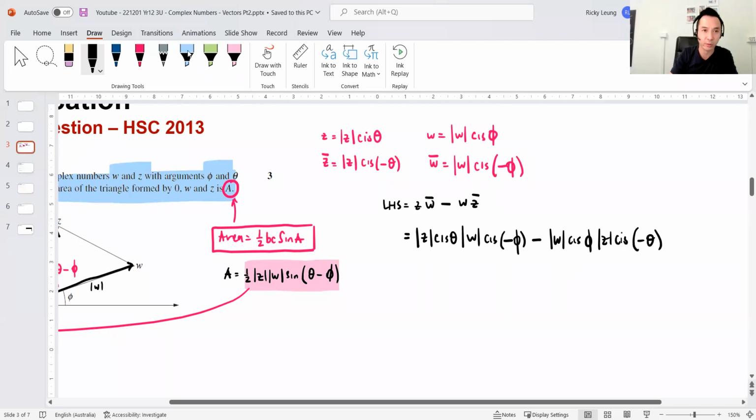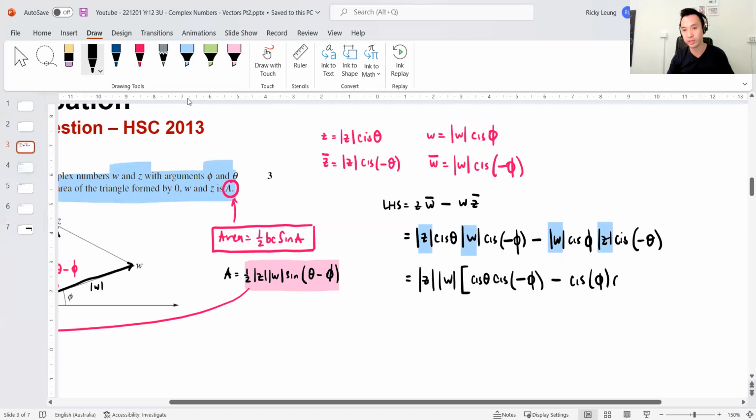Now it looks like, guys, I can factorize out the moduli. So take out Z and W, and what's left here is cis minus cis. Now I wonder how comfortable you are with me combining this.